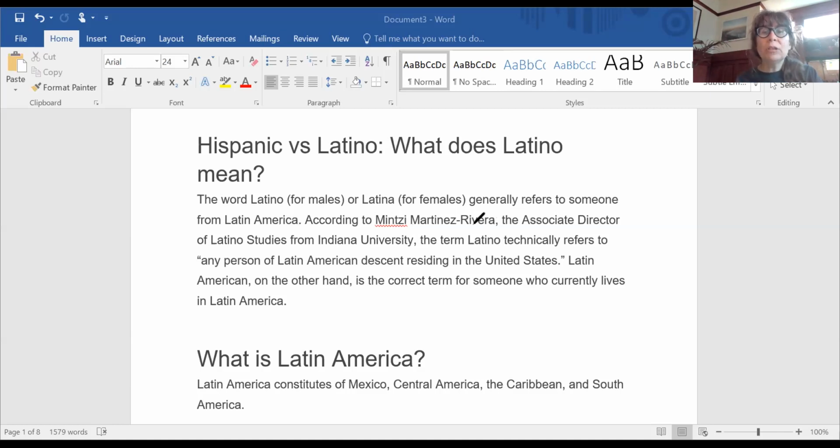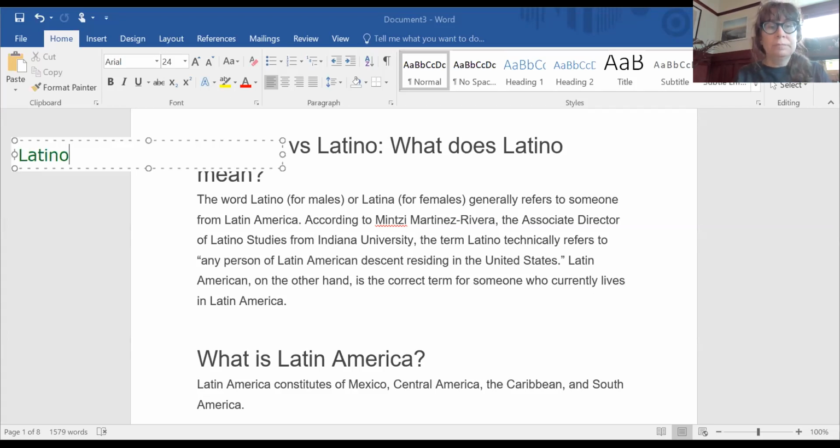According to Mincy Martinez Rivera, the Associate Director of Latino Studies from Indiana University, the term Latino technically refers to any person of Latin American descent residing in the United States. Latin American, on the other hand, is the correct term for someone who currently lives in Latin America. So, okay, I get this. Latino specifically refers to people in the United States.